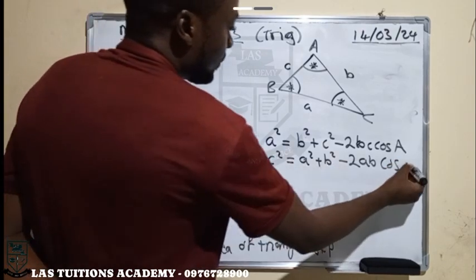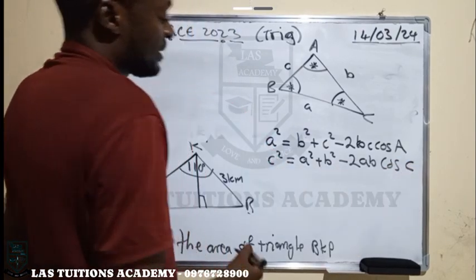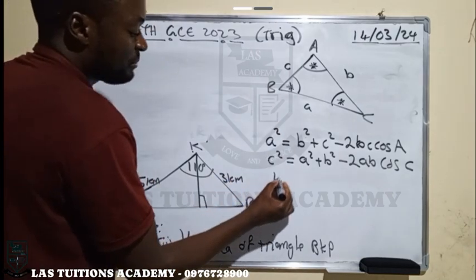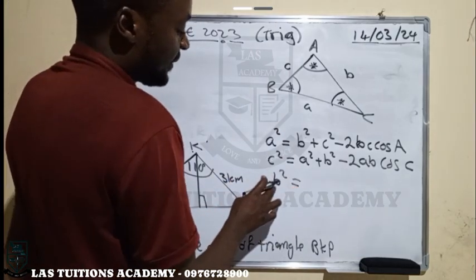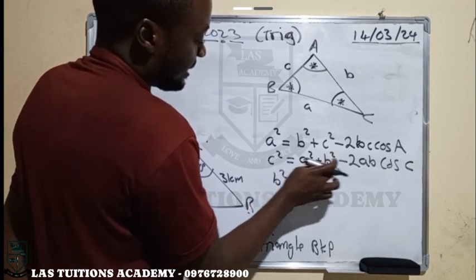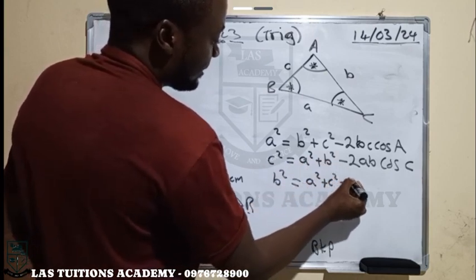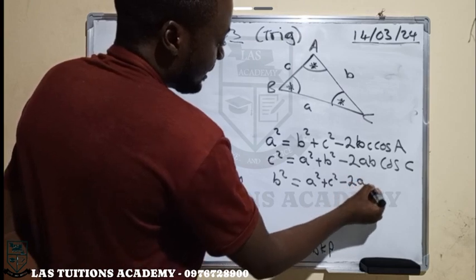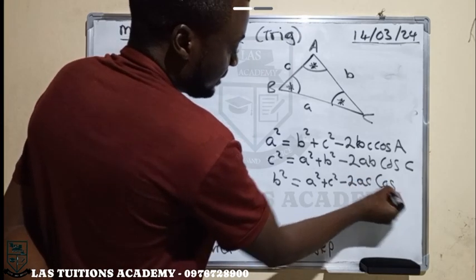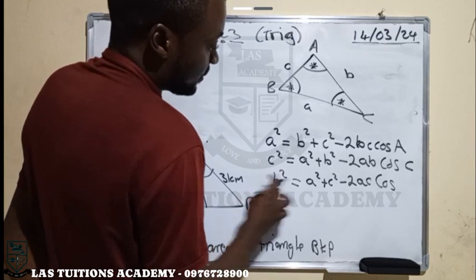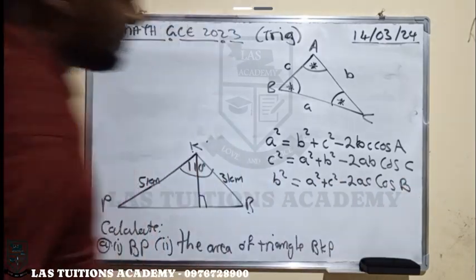If we are finding B, it's going to be B squared is equal to A squared plus C squared minus 2AC cos B, because the angle is for the side which you are looking for, which is B.